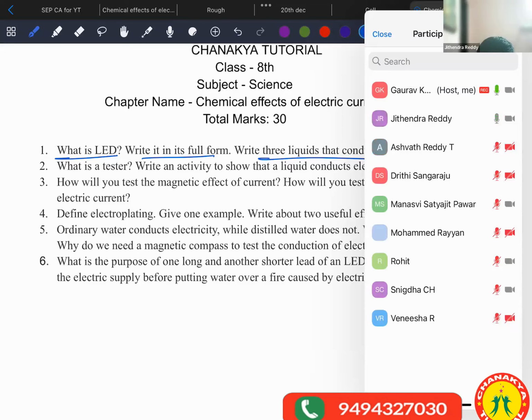Both: what it is and what is its full form? Sir, LED is a... Okay, tell me its full form. Light emitting diode. From the full form only, you can conclude that it is a kind of bulb which emits light, right? Yes.